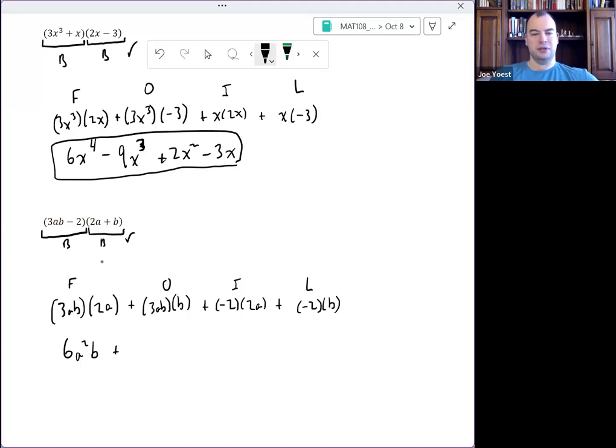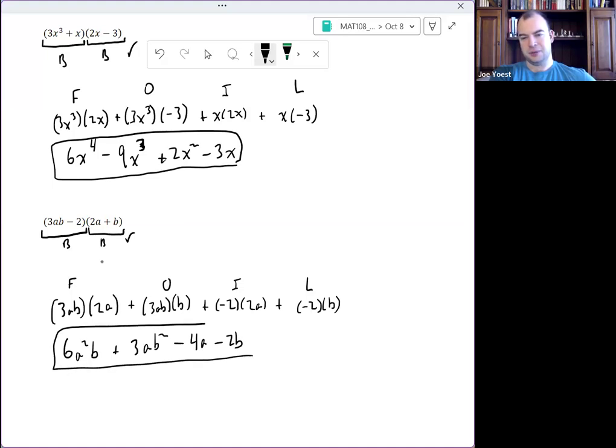For my outer term, the 3ab times b, well, that's just 3 times a times b squared. For the inner bit, negative 2 times 2a, I multiply the two numbers and I get minus 4a. And then my last, negative 2b, that's just what that is. Any questions so far?